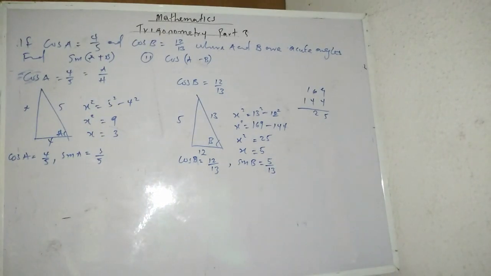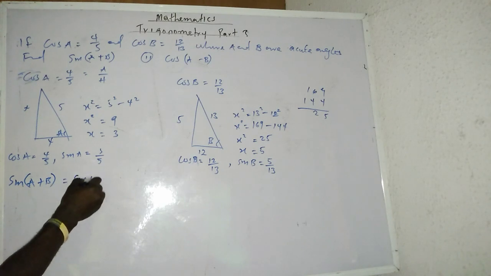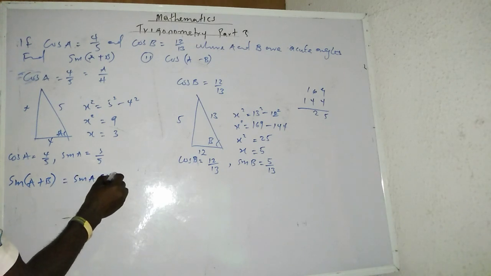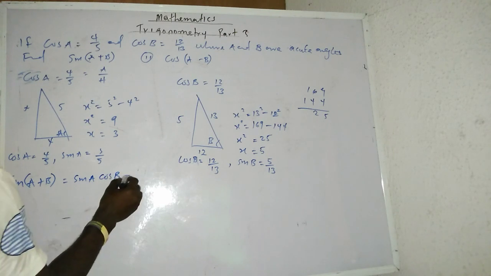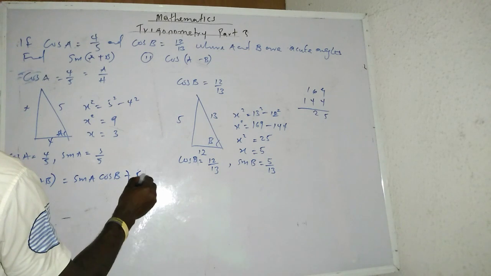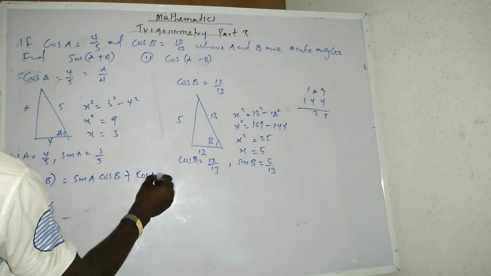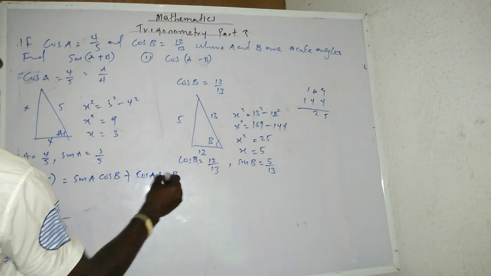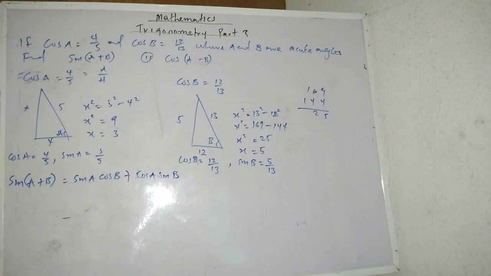Now, everything I need is available for me. I can now move on by having sin A plus B, a compound angle, which is sin A cos B plus cos A sin B. Now, what is my sin A?